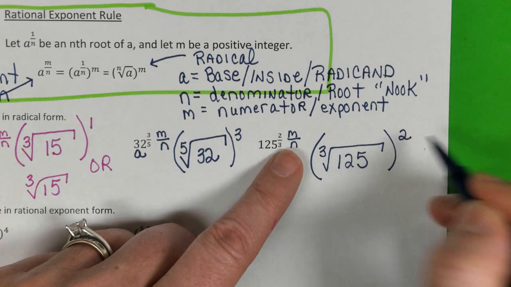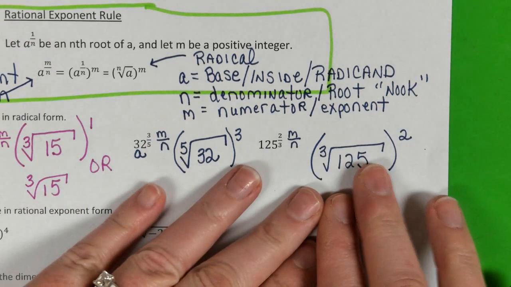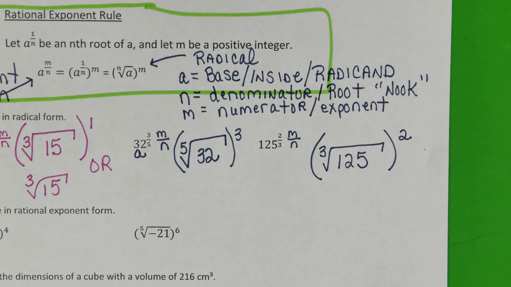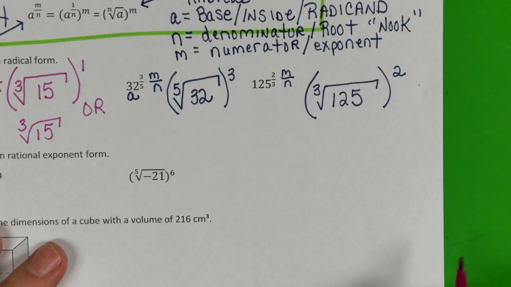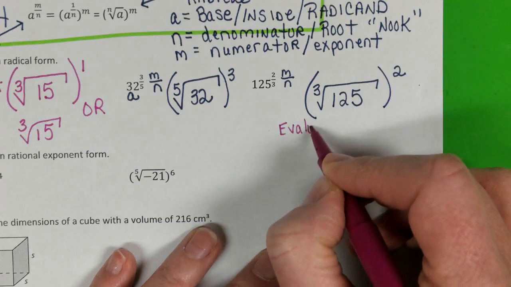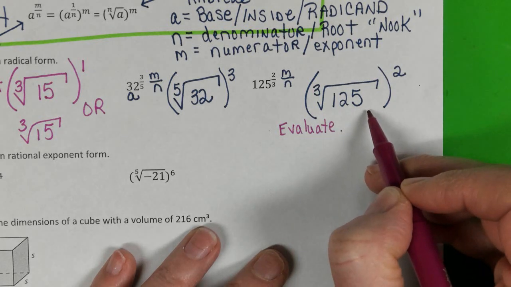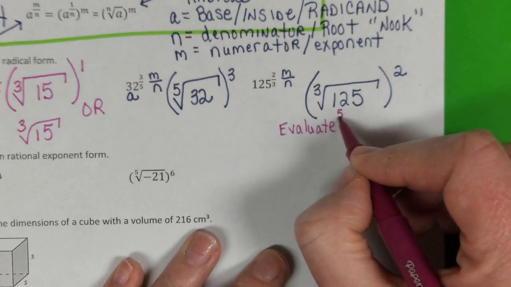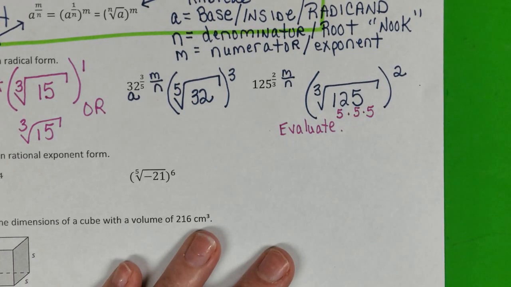And we square it. Now, one thing that we talked about is that we can take our calculator and we can actually calculate this. But I want to show you we could evaluate this all on our own if we wanted. So if I wanted to take this a step further and evaluate it, 125 actually happens to be a perfect cube because 5 times 5 times 5 is 125.